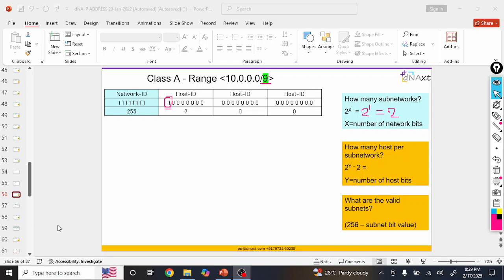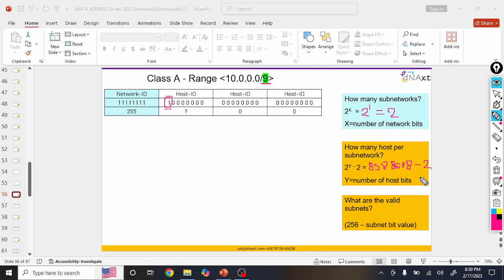So 2 to the power 23 is 83,88,608, and we will subtract 2 over here. Why?